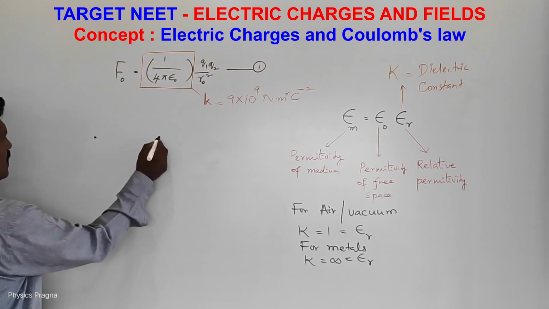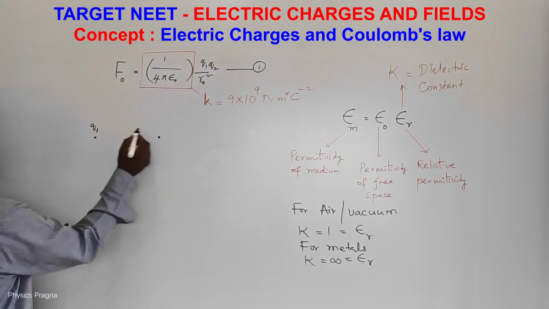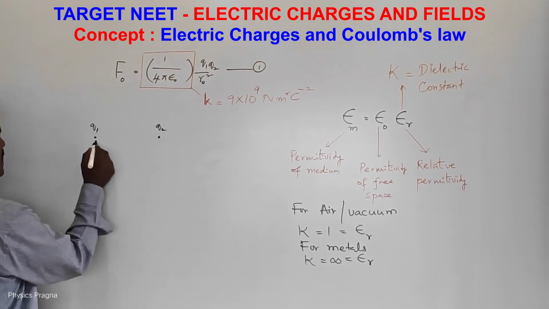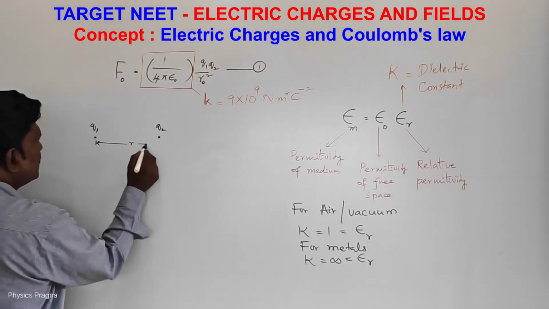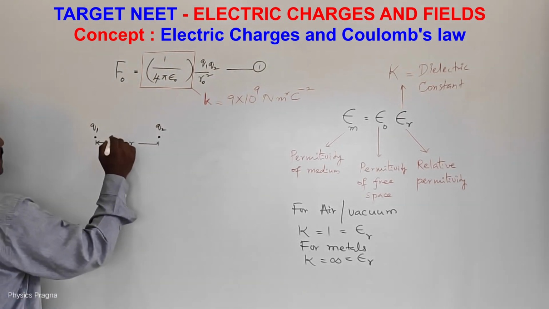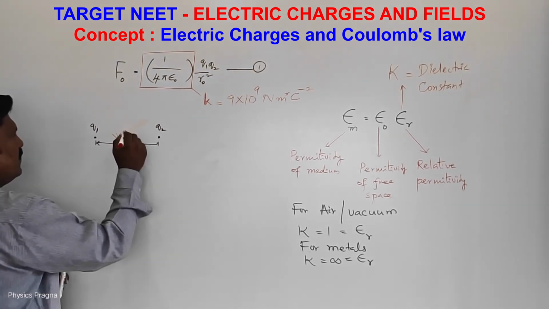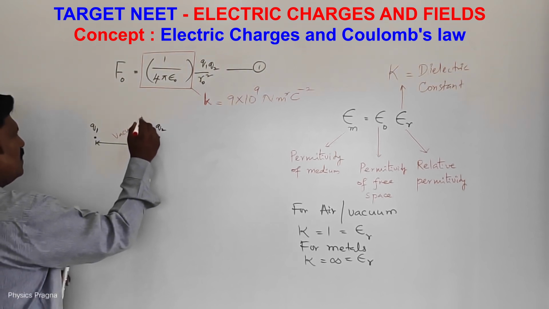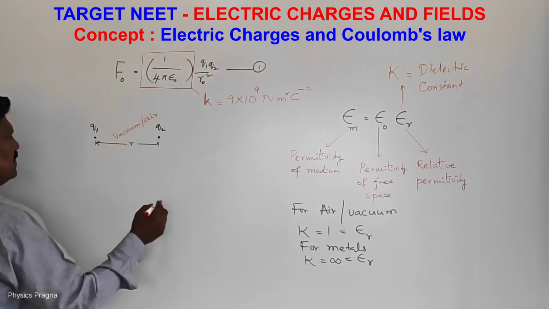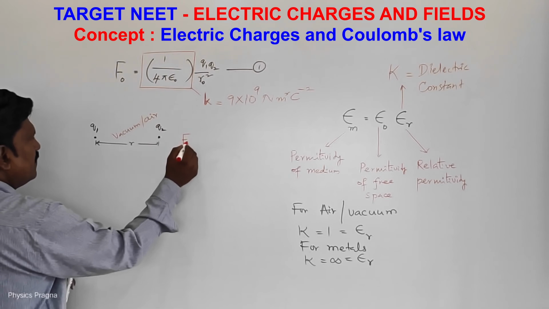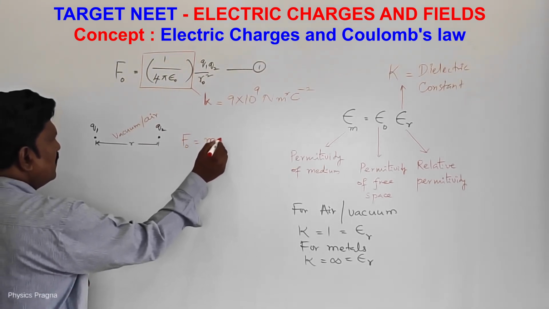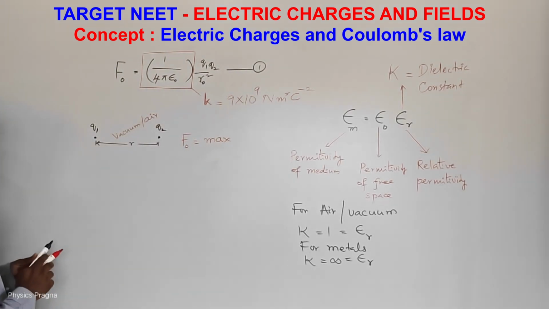If this is Q1 charge, this is Q2 charge, this is the distance between them. In between, vacuum or air is there. Then F naught value is maximum.